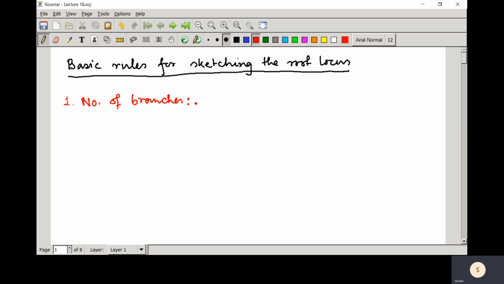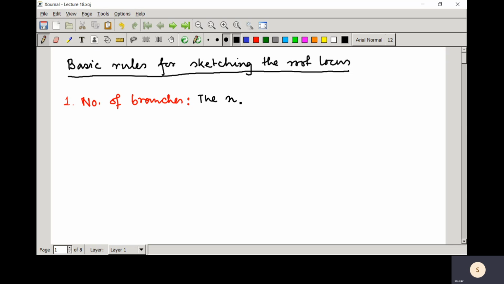So the number of branches in a root locus is equal to the number of closed loop poles. Whenever an open loop transfer function is given to you, just by looking at the characteristic equation, you can easily find how many closed loop poles are there.